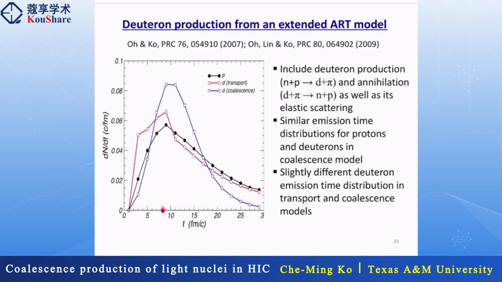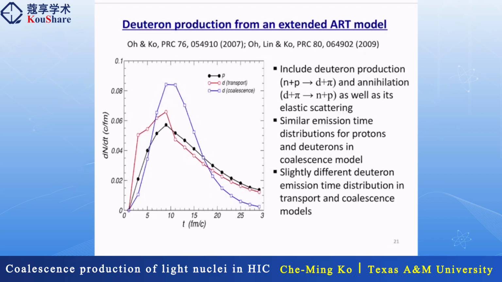Most of the protons are emitted 5 fm to 8 fm after hadronization, but it can range all the way from 8 to 25 fm/c or so. For the deuteron, NP goes to d pi, then a pion can destroy a deuteron into NP. So the deuterons emitted from the dynamic reactions are given by the red curve. They are not identical, but they're close, and they are both very close to the proton emission distribution.